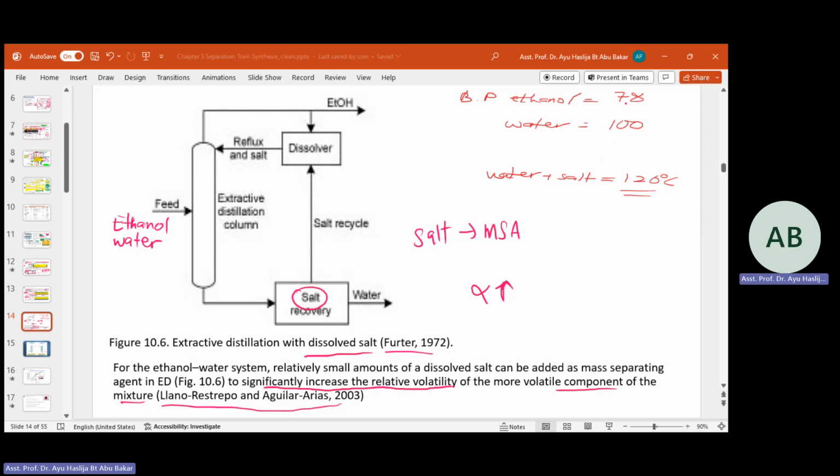So instead of the boiling point between 78 and 100, now you have between 78 and 120. So perhaps you can set the temperature of this distillation column at perhaps 90 degrees C. So it won't boil the water, but it will vaporize the ethanol.